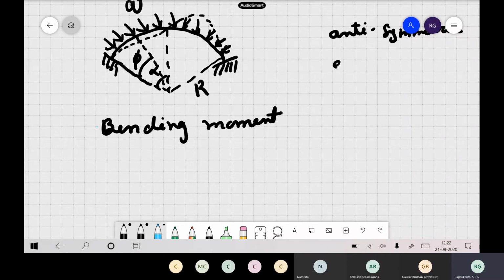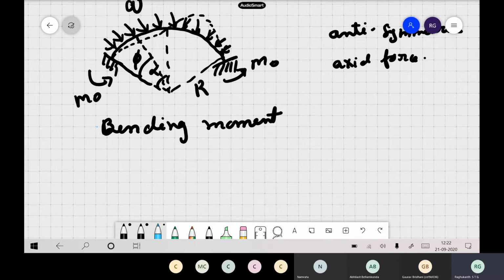Generally this arch will have axial force, which is obvious everywhere. Plus, because of the fixed supports, it will be subjected to constant moments also. So some M naught will act on it.